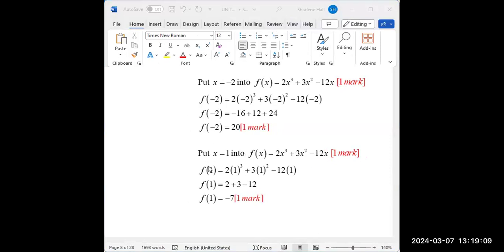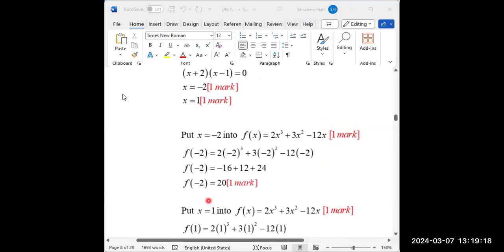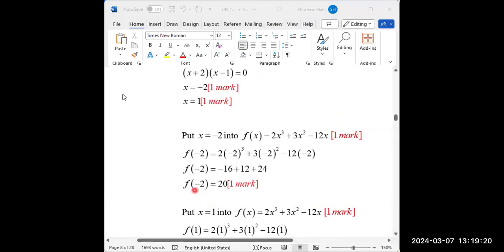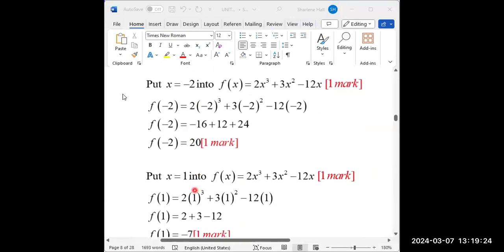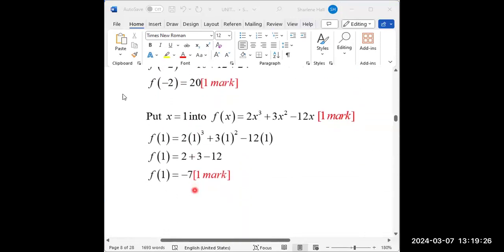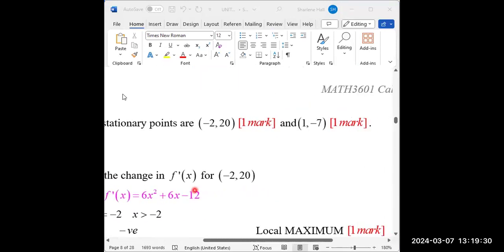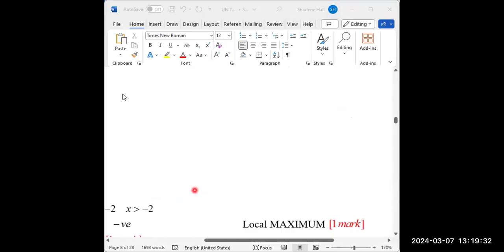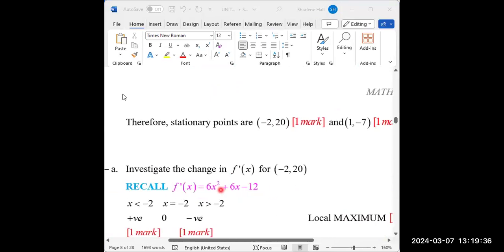And you also agree with the negative 7? Yes, sir. All right, good job. Are there any questions? So look at what is going to happen. Therefore, my stationary points are going to be negative 2, 20, and 1, negative 7.